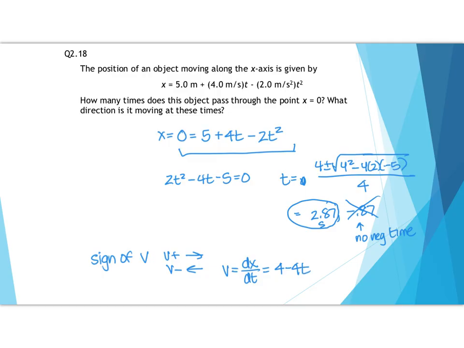We will put this value in here at that time. If we have v at t equals 2.87, we get 4 minus 4 times 2.87. It gives us minus 7.48 meters per second. And the negative sign means that it's moving to the left.